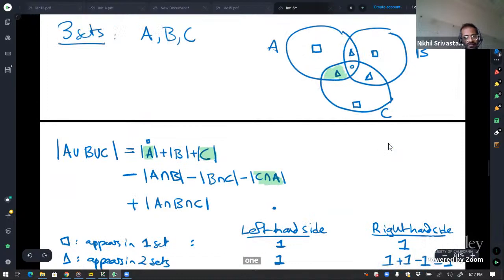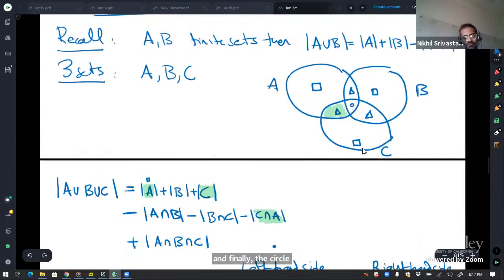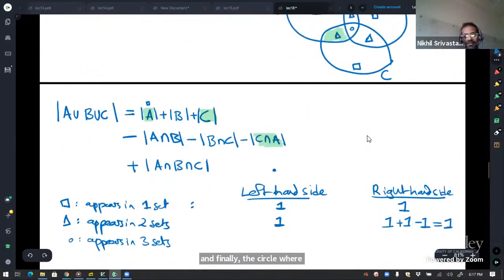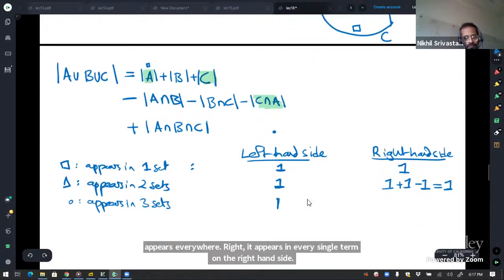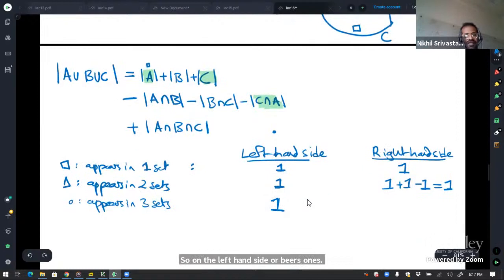And finally, the circle, where how many times is that going to appear? Well, that appears everywhere, right? It appears in every single term on the right-hand side. So on the left-hand side, it appears once. And the circle is in A, it's in B, it's in C, it's in all of the intersections, and it's in the triple intersection as well.